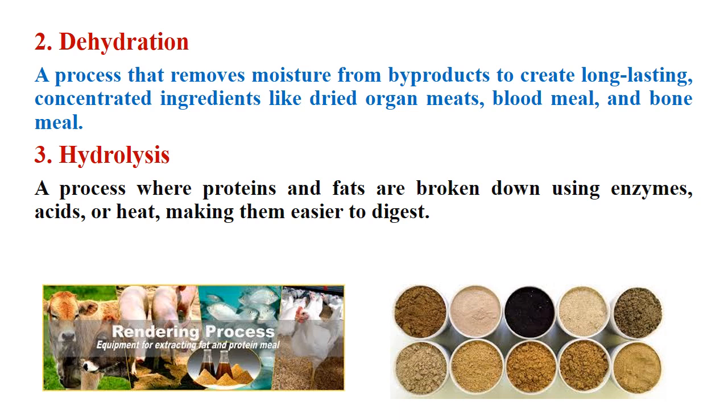So after sterilization there will be dehydration or drying, then they undergo grinding and we get the meat meal or blood meal or bone meal. Similarly, there is another process which is called hydrolysis. So this is a process where proteins and fats are broken down using enzymes, acids or heat, making them easier to digest. So hydrolysis is done sometimes to break down the proteins and fats so that the digestion will be easier.